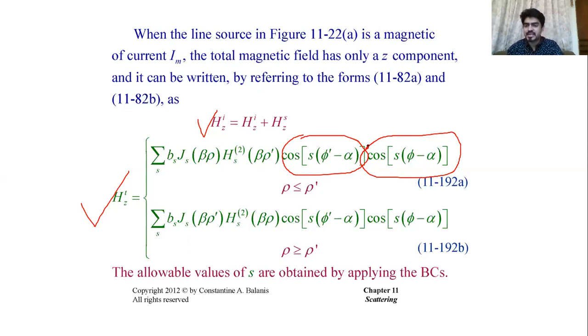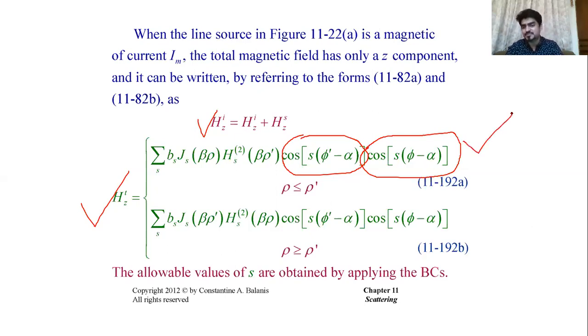As a result, when we apply the boundary condition at phi equals alpha and phi equals 2 pi minus alpha, for that particular face of the wedge, your electric field will reduce down to zero, or vanish, because you differentiate with respect to phi, that will give you a sine function instead of the cosine function for the E field.